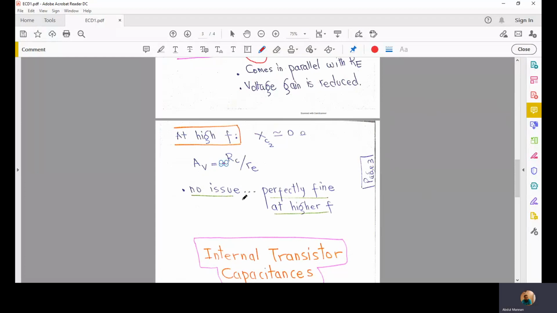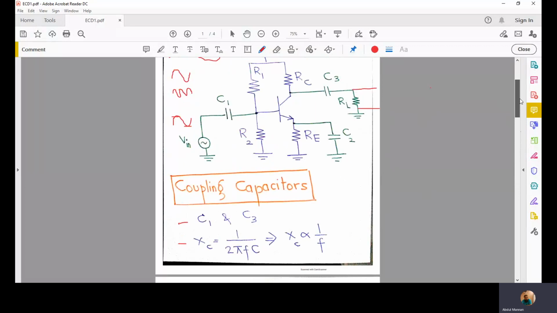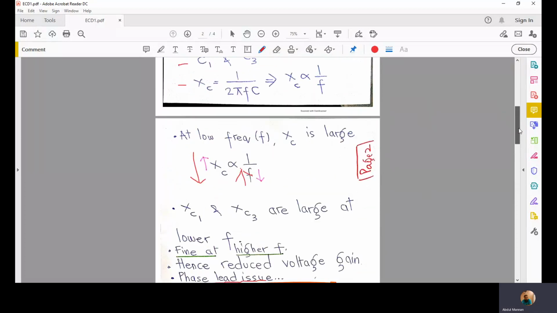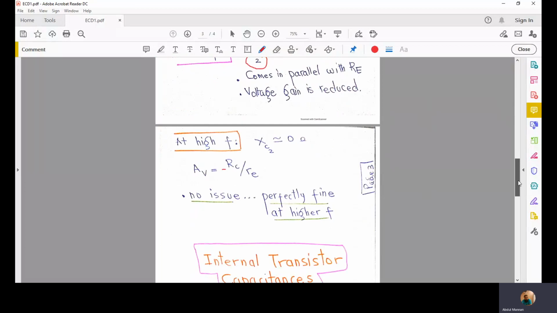AV is then minus RC over RE, and that is what is desired. So it is perfectly fine at higher frequency, but at lower frequency, in short, both the coupling capacitors C1 and C3 and the bypass capacitor C2 work to reduce the overall voltage gain of this amplifier.